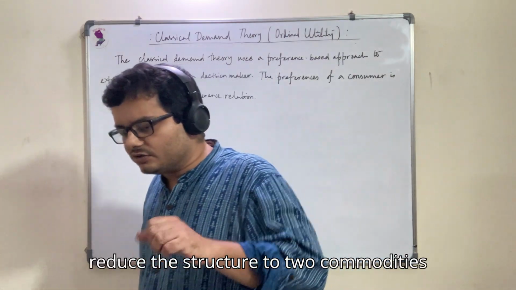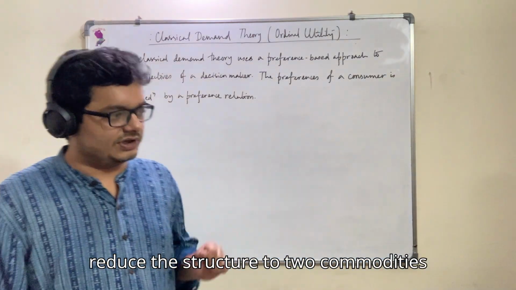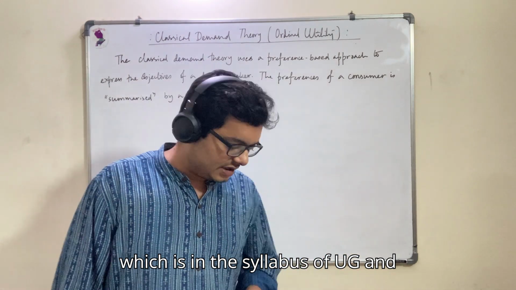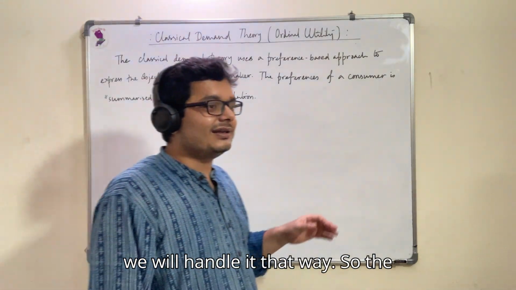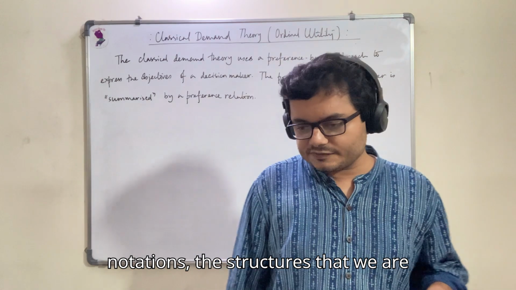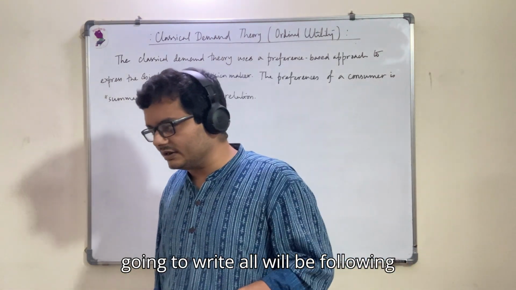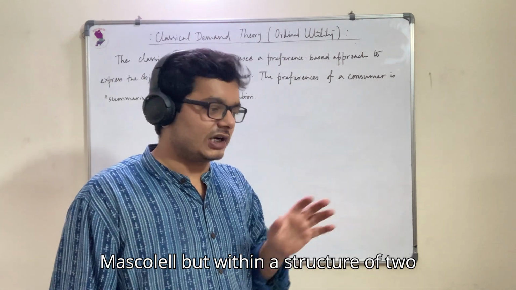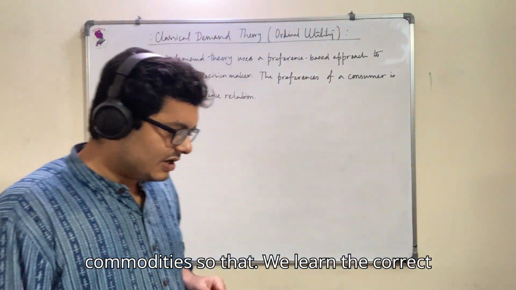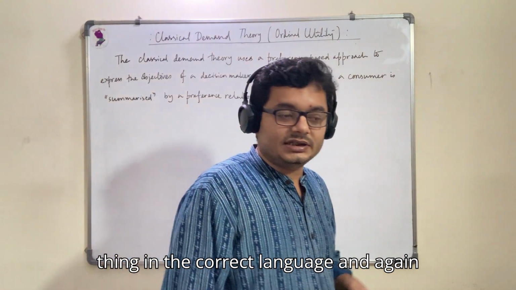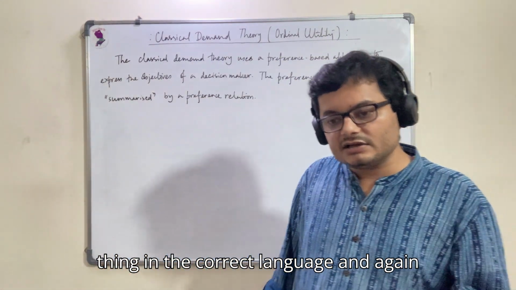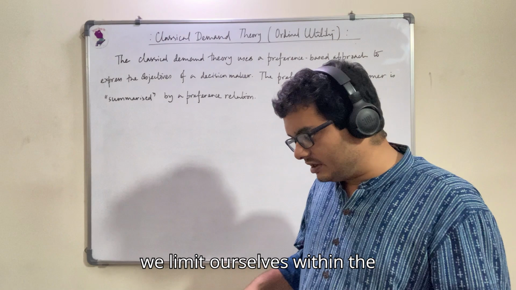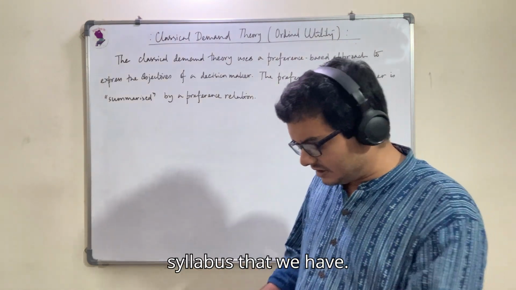I am going to reduce the structure to 2 commodities, which is in the syllabus of UG. The notations and structures that we are going to write will all follow Mas-Colell, but within a structure of two commodities, so that we learn the correct thing in the correct language, and again limit ourselves within the syllabus that we have.